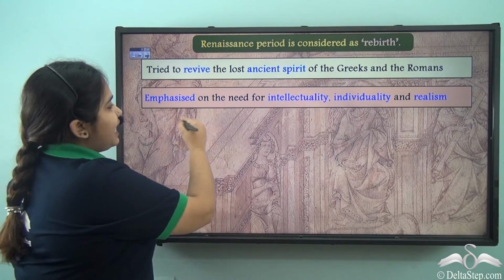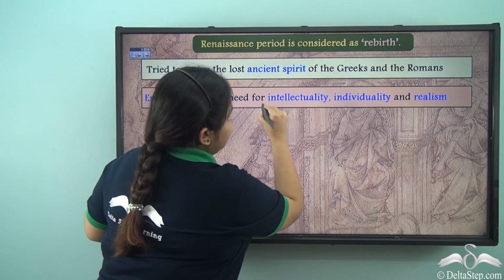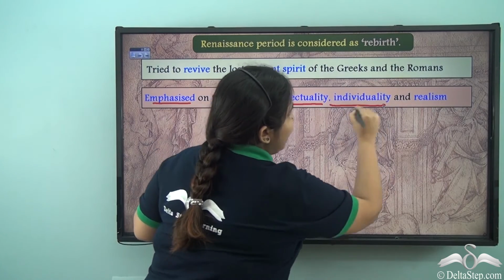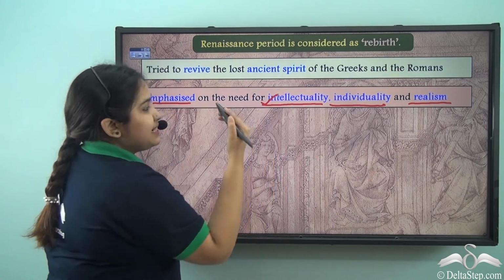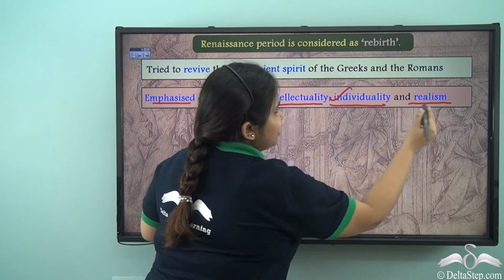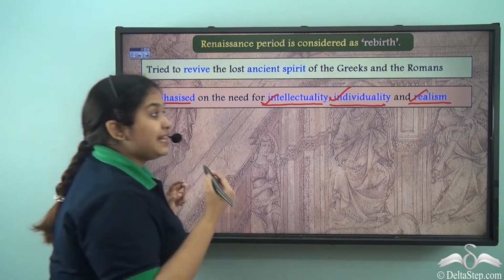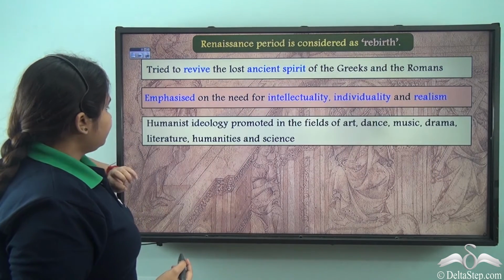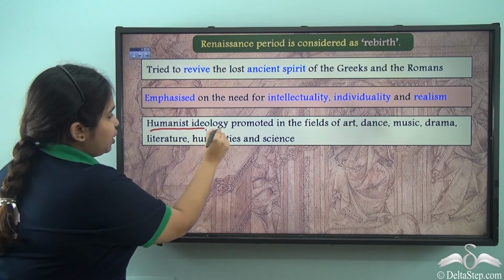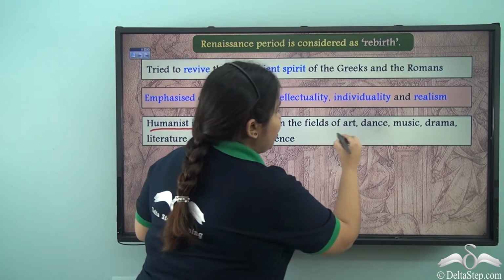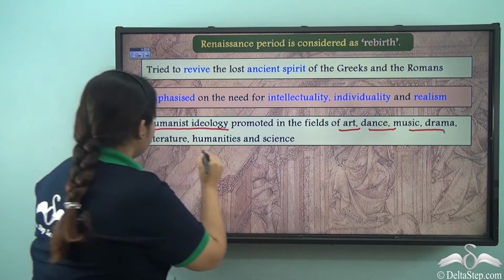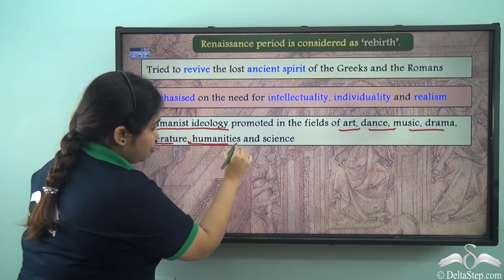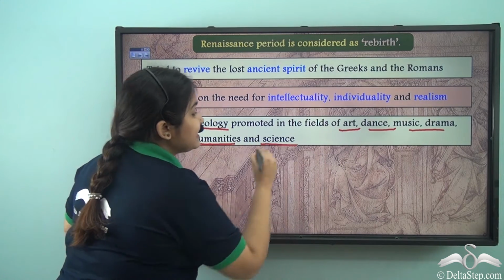So it emphasized intellectuality, individuality, and realism. So we see rationality, science, human agency, and the realistic ideals. So the humanist ideology, as we were discussing, was promoted in all of these fields: art, dance, music, drama, literature, humanities, which is education, and science as well.